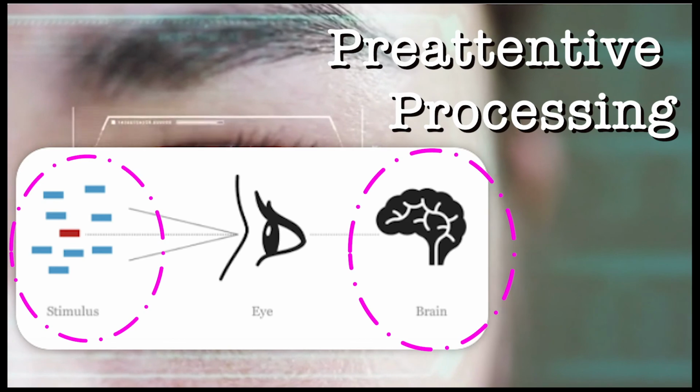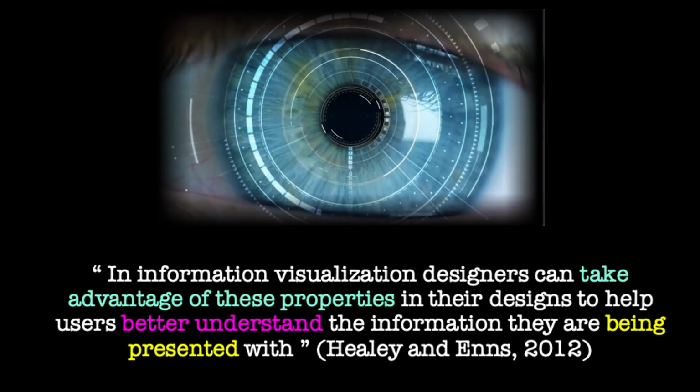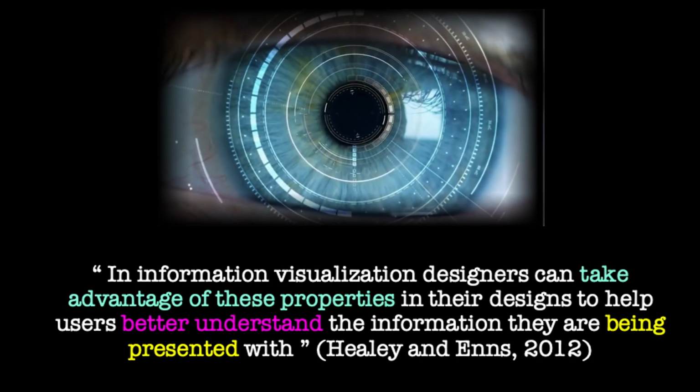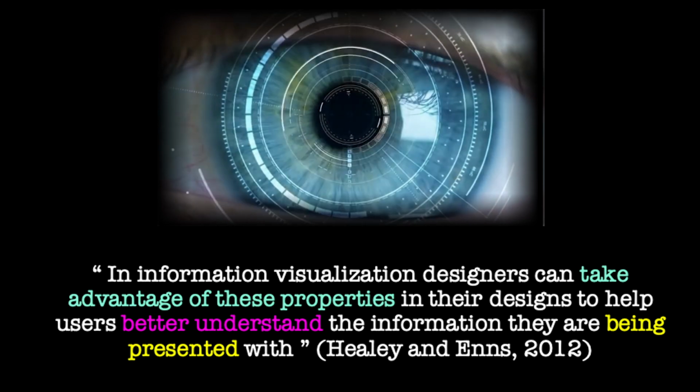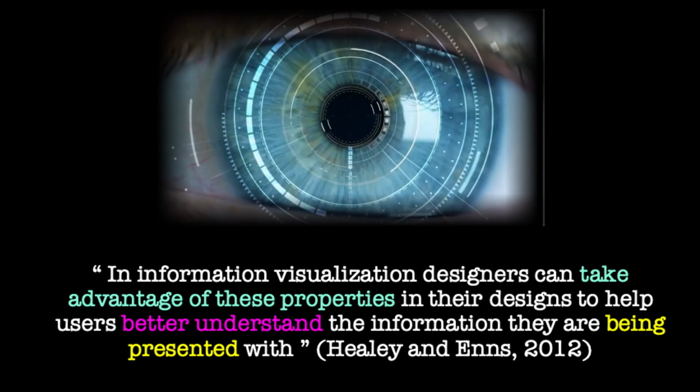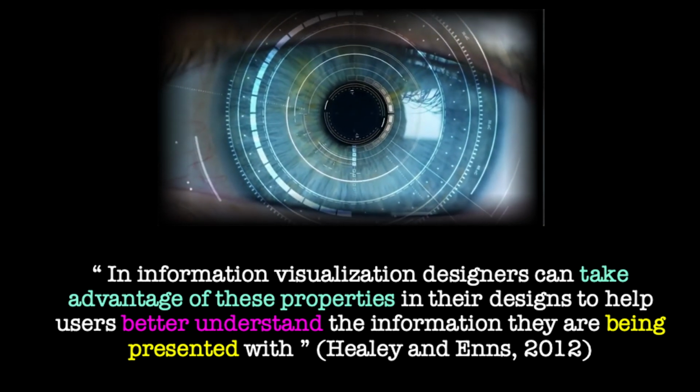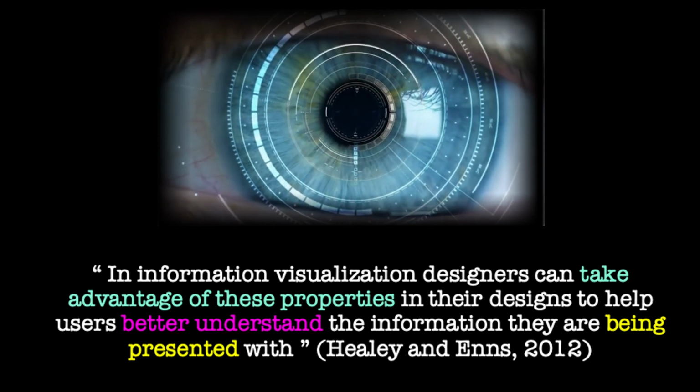How humans perceive image and chart details can impact the viewer's efficiency and effectiveness in their visual cognitive process. And in information visualization, the designer can take advantage of these properties in their design to help users better understand the information presented in the graph.